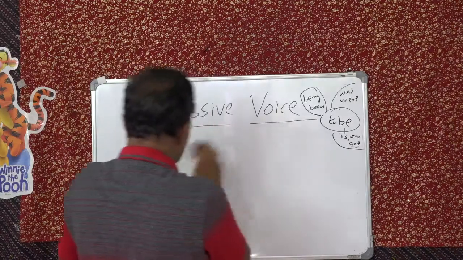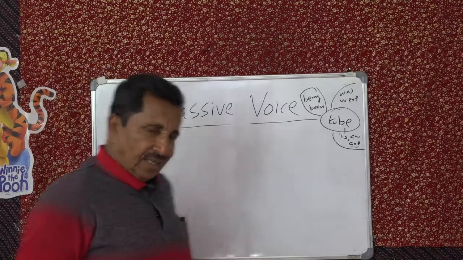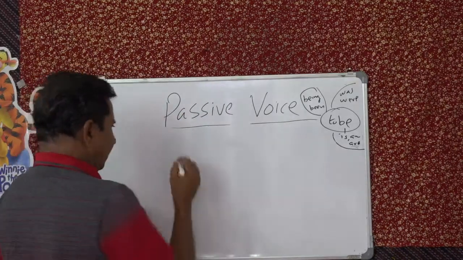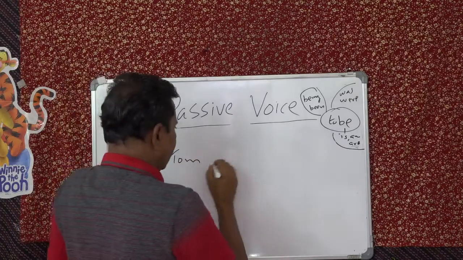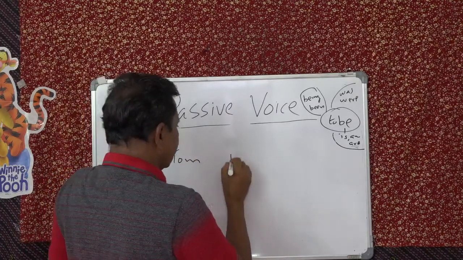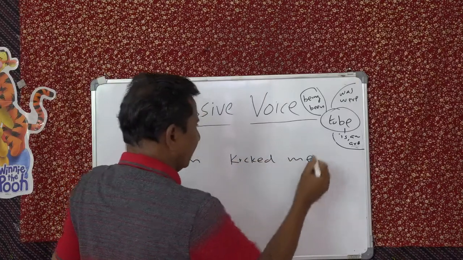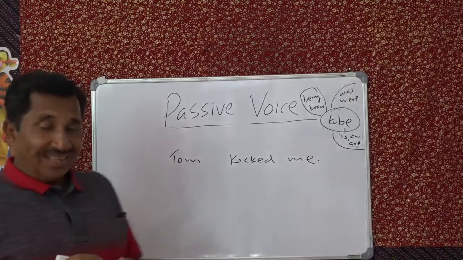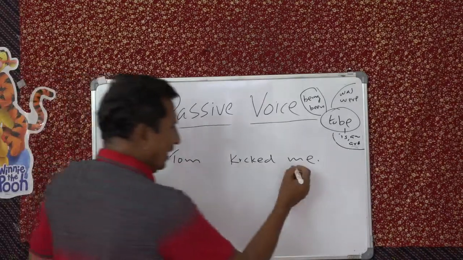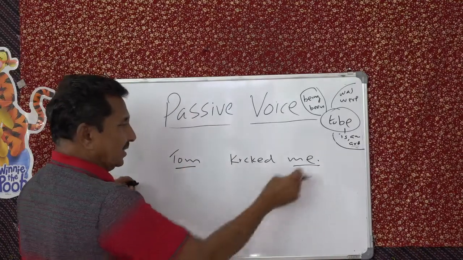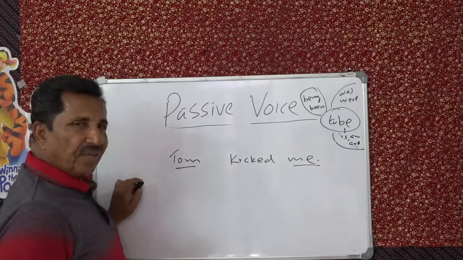Let's see another one. Tom kicked me. Only an example. Tom kicked me. Now let's see. Me is the object pronoun. What is the subject pronoun of me?